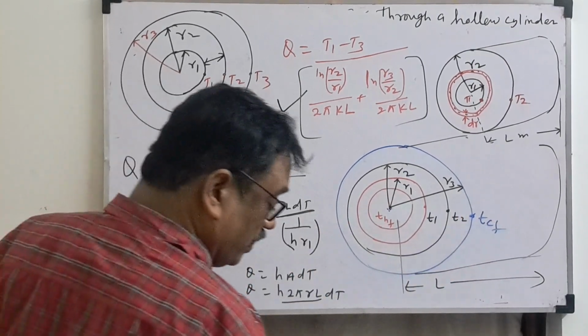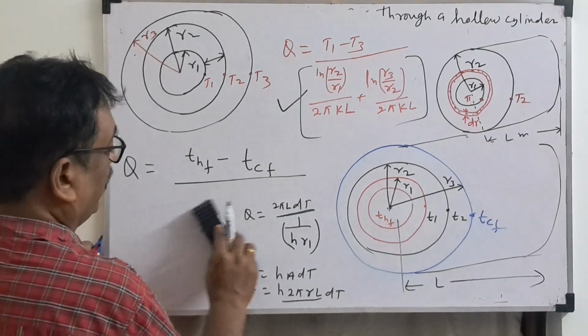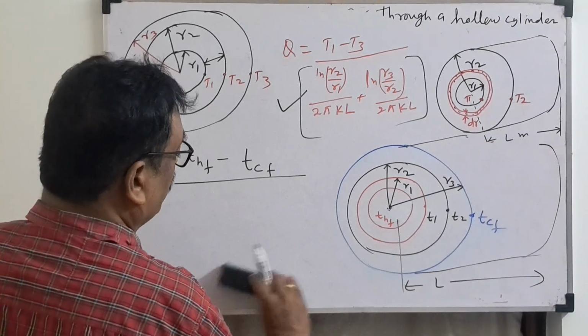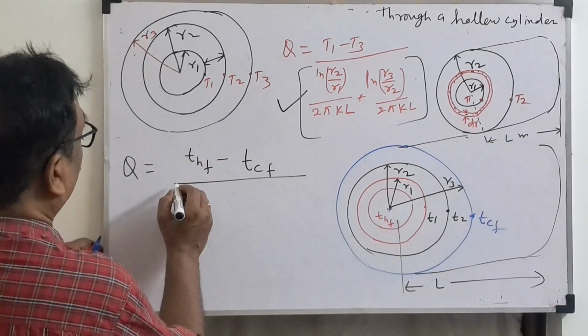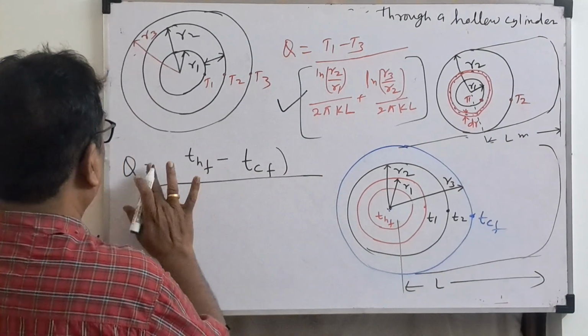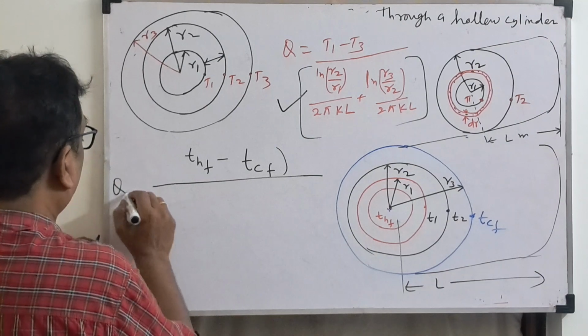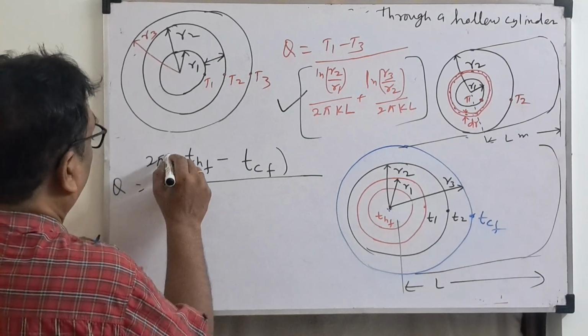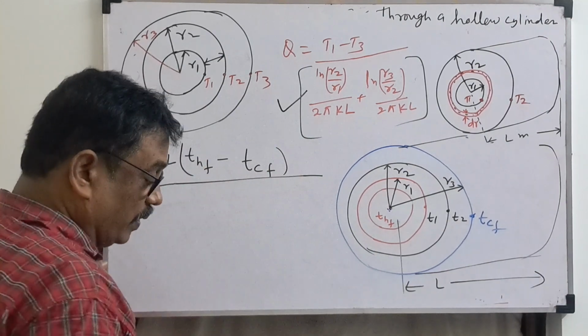So what is the overall formula here? You see here, that only you have to remember, and that formula will also be in the data book. No need to remember it also, but you should understand. So here Q is equal to 2 pi L, common for this, no?